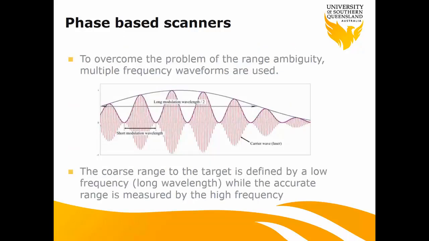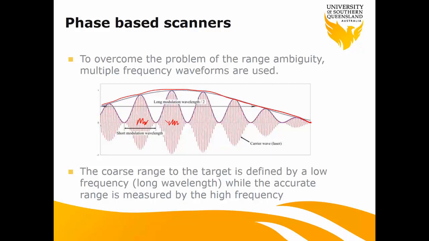Now we use this figure to show this. We use multiple modulation waves. You can see this one is the carrier wave frequency, and we have two modulation wavelengths. This one is the low frequency or long wavelength.